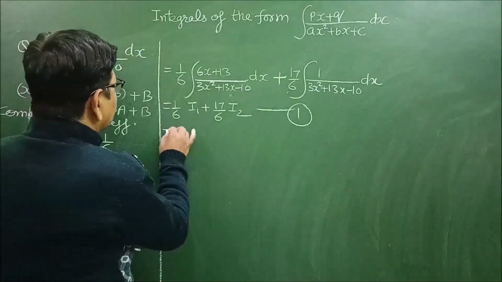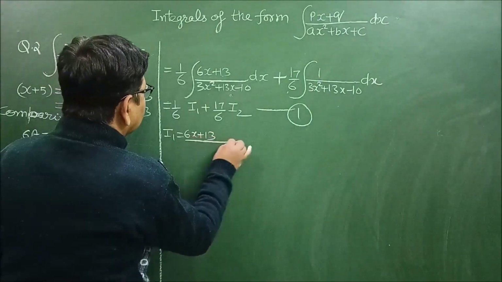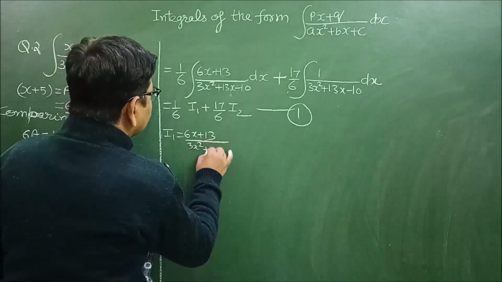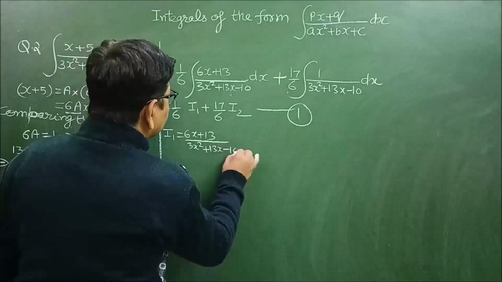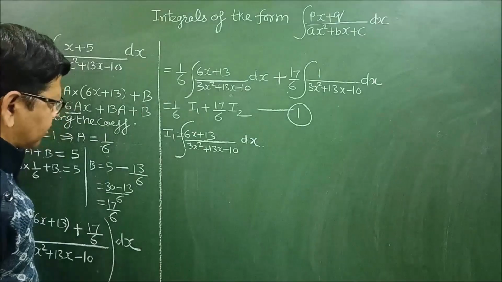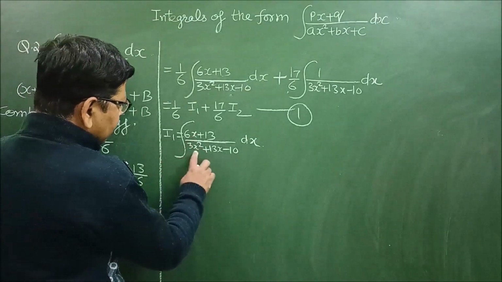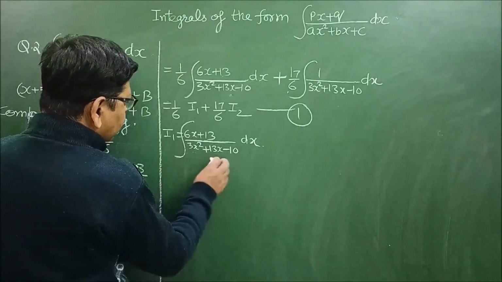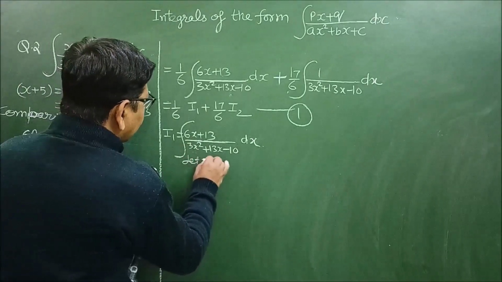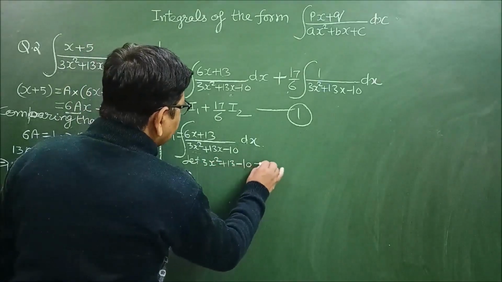I1 is here (6x + 13) upon (3x square + 13x minus 10) dx. Because the derivative is in the numerator, let the denominator be equal to u. Let 3x square + 13x minus 10 is equal to u.